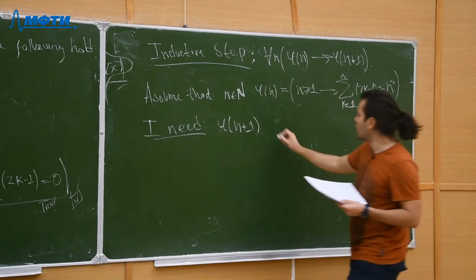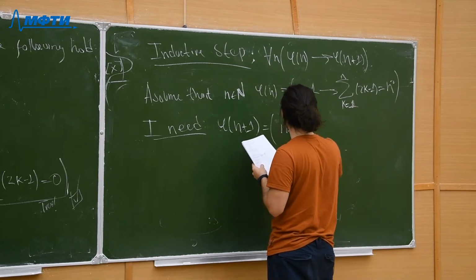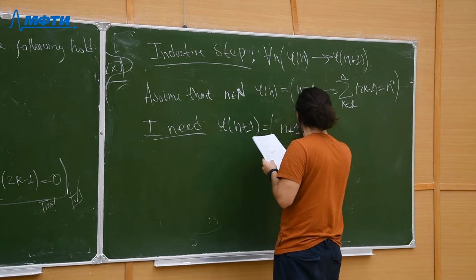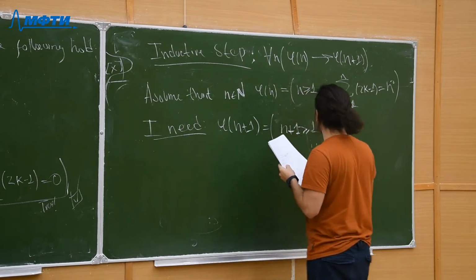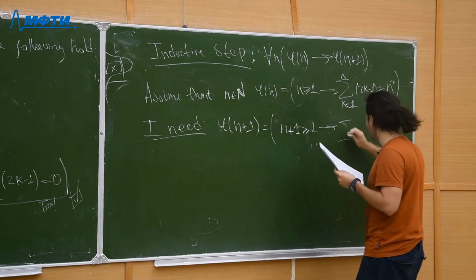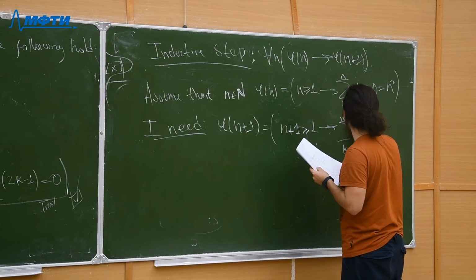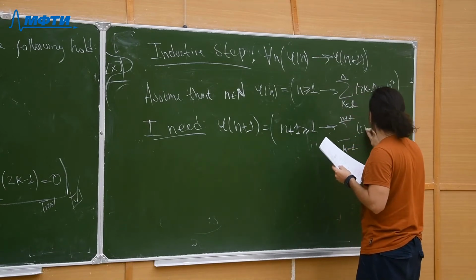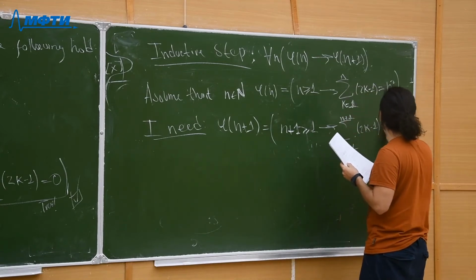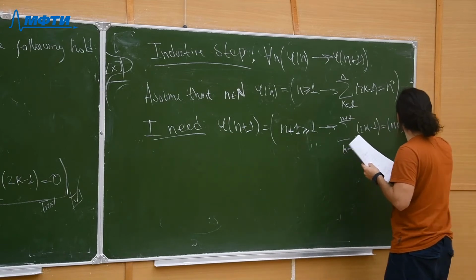So I need to check that for n plus 1, at least 1 holds that the sum from k equals 1 to n plus 1 of 2k minus 1 equals (n plus 1) squared.